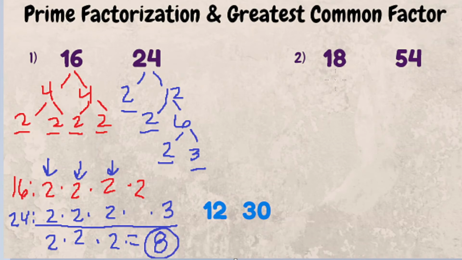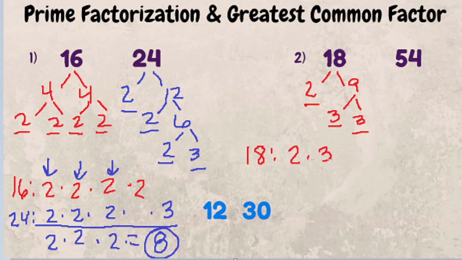Let's do the same thing, but let's find the greatest common factor between 18 and 54. So let's factor 18 to be 2 times 9, and then 3 times 3 is what 9 is. So we identify our prime factors for 18 is going to be 2 times 3 times 3.